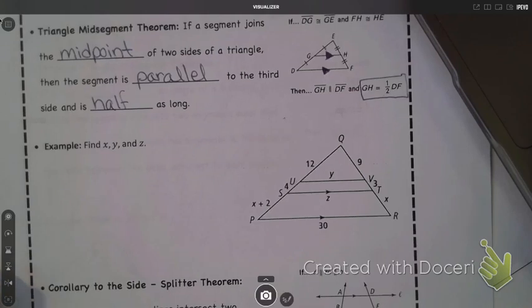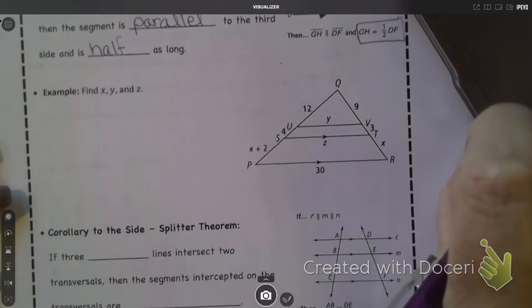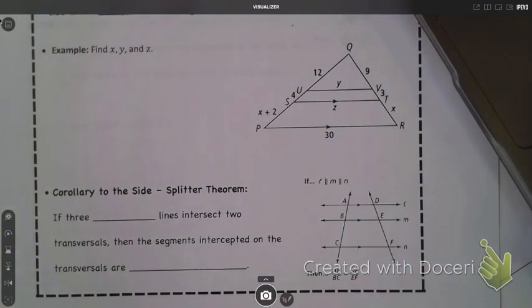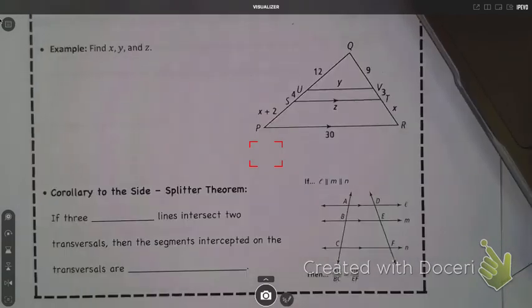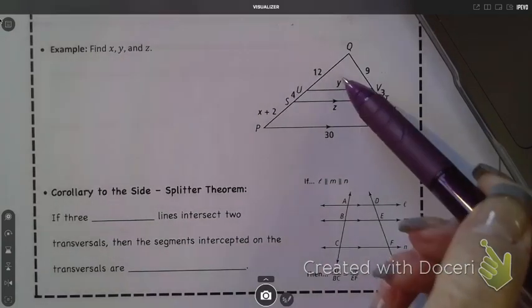Okay, so we need to find X, Y, and Z. We have two things we've just learned, right? So how can we find X, Y, and Z? What do you think you need to find first? Probably X, because Y and Z have to do with these middle sections.